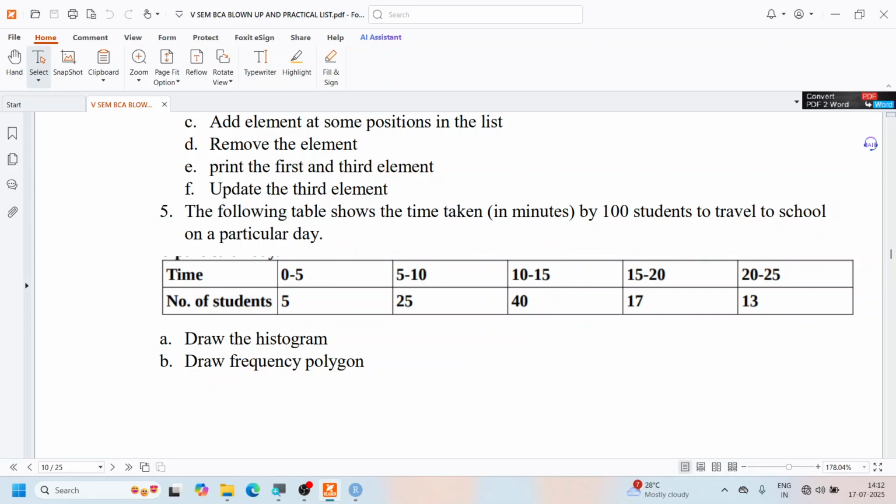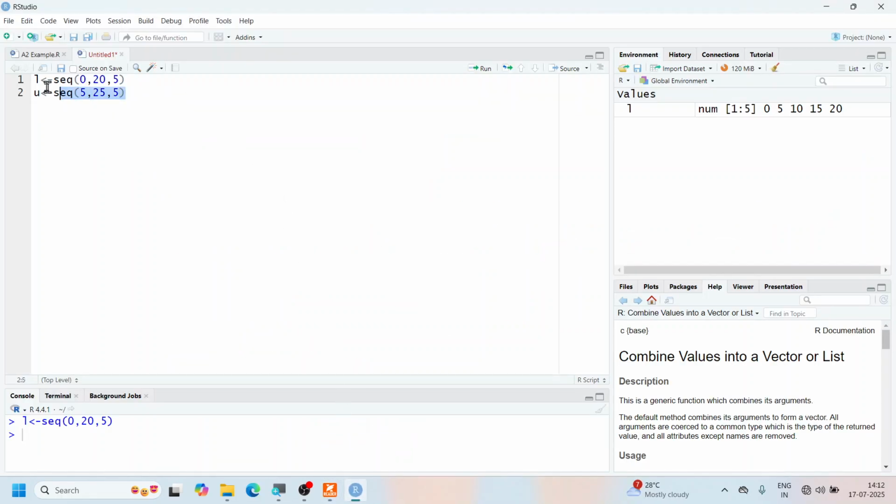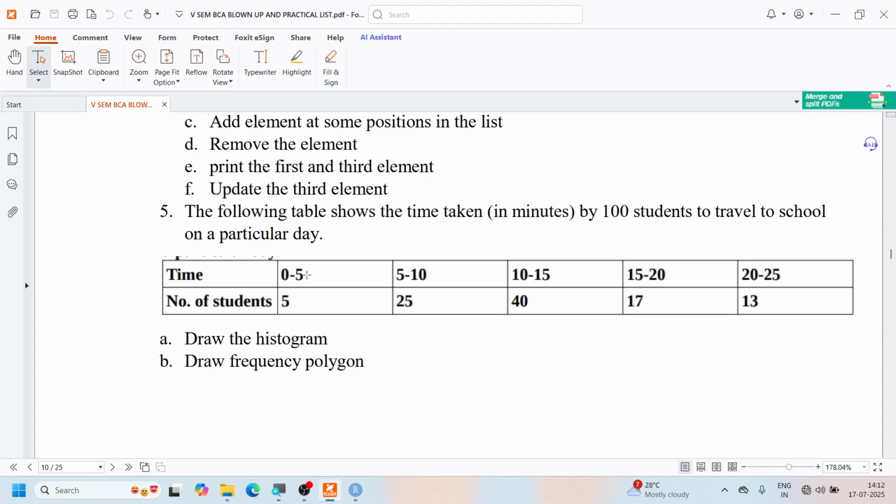This is what you have done. If you just run this, you get 5, 10, 15, 20, 25. So you got this much.